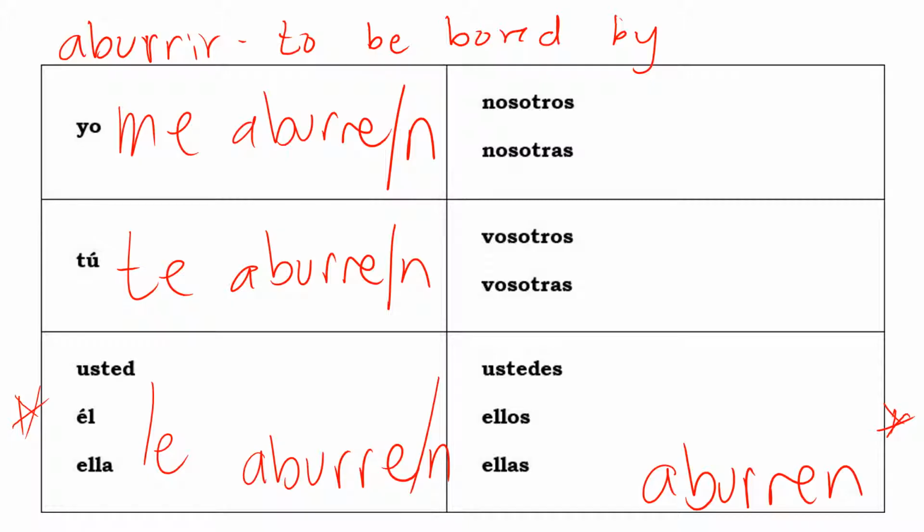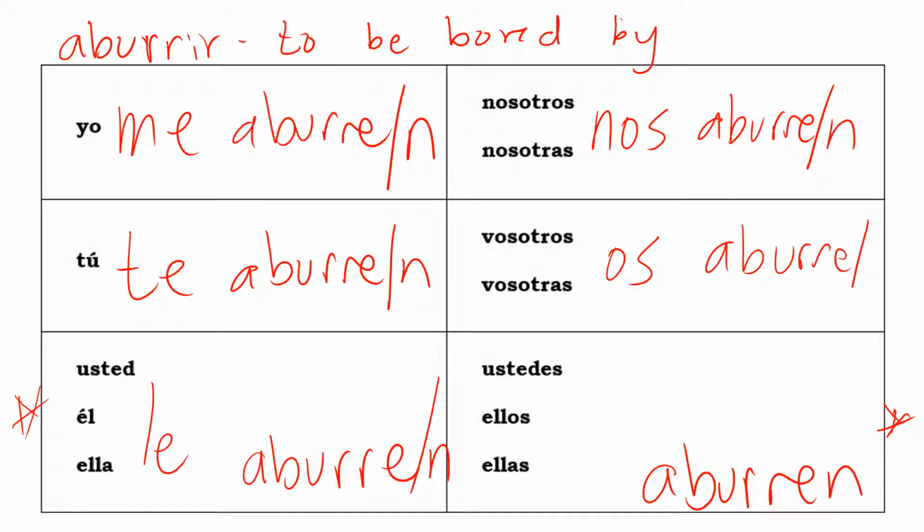If we are bored, nos aburre or nos aburren. If you guys are bored, os aburre, os aburren. And if they or you all are bored, les aburre or les aburren.